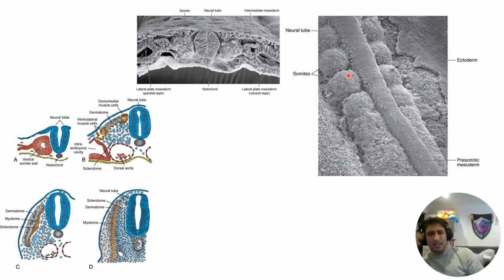The transition in between can be called the epithelial to mesenchymal transition. In this case, it's epithelialization, because the mesenchymal cells are becoming epithelial, or like epithelial cells. So they undergo that process so they can take on a more definitive arrangement.